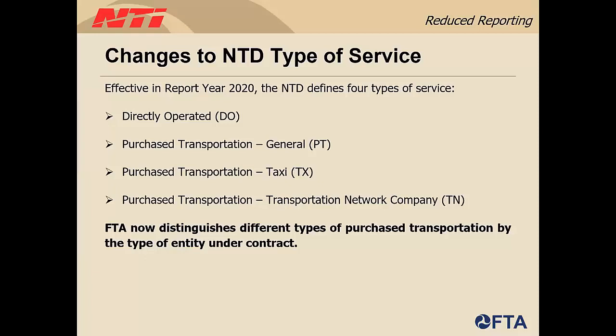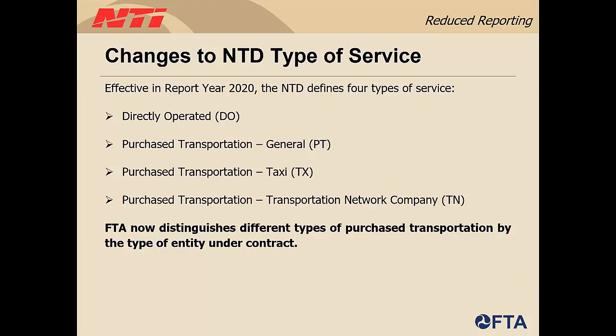FTA requires agencies contracting for public transportation with transportation network companies to report the service if it meets the definition of public transportation. A new type of service, transportation network company, has been added for that purpose.